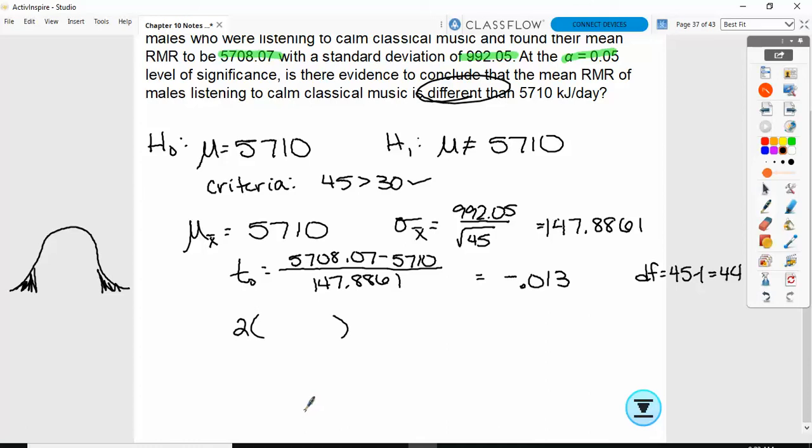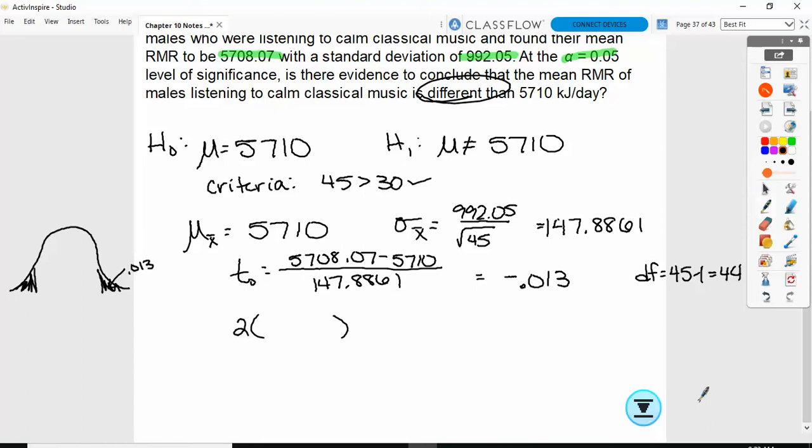And then do you guys remember how to find this in the table? We're trying to get the closest we can. So 0.013 is not great, but we want the closest we can get to that. So it's like saying this right here is 0.013.